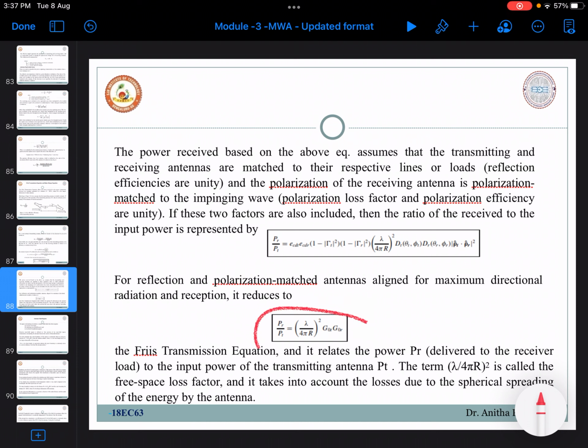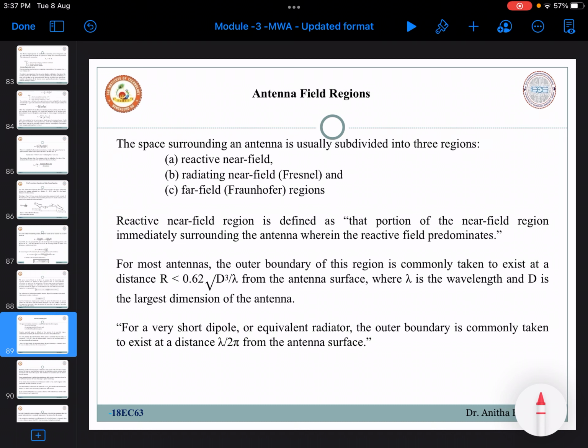So PR by PT is nothing but gt gr into lambda by 4 pi r whole square. This relates the transmitting and receiving power of two antennas which are separated by a distance of 2d square by lambda.